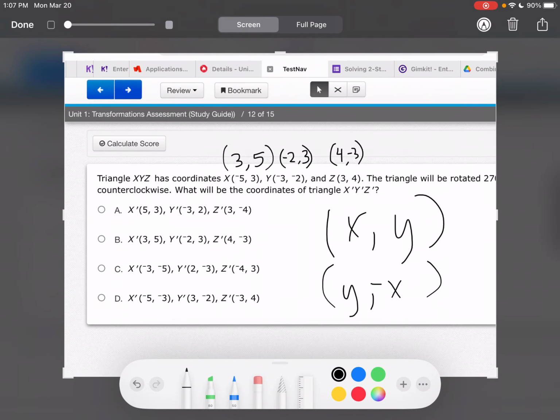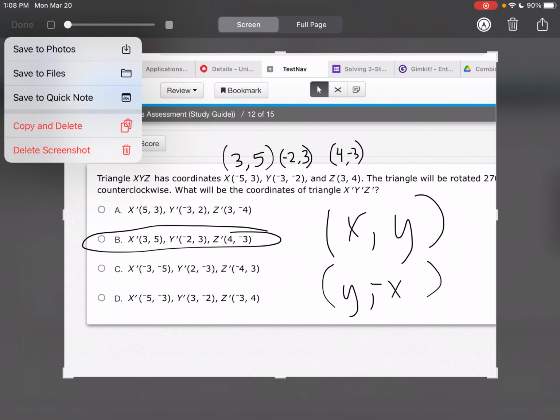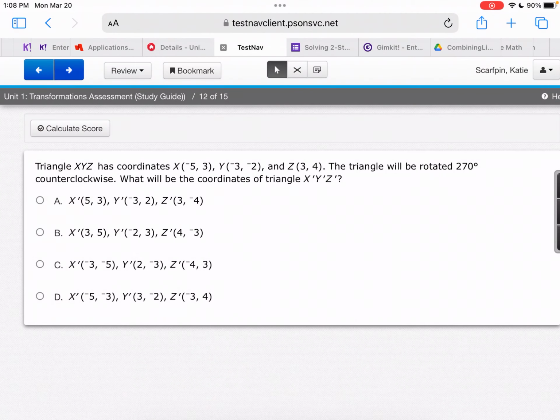Now let's hope that's a possibility. Right there, B. So if that's how you want to go, look back in your rotation notes, and that's how you make sure you're rotating these correctly. You are more than welcome to use that strategy, but if you want to use the patty paper, I'm strongly suggesting that too.